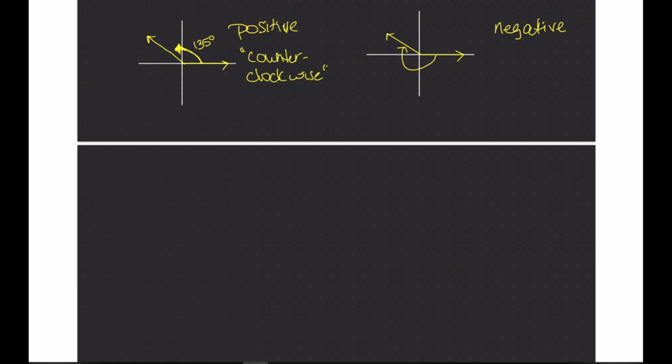And if we go all the way around, we went how many degrees? 360, right? So if we do 360 minus our 135, we're going to get negative 225 degrees. And if you put those absolute values together, we end up getting 360. So when it comes to our negative angles, those are always going to go clockwise from that initial point.